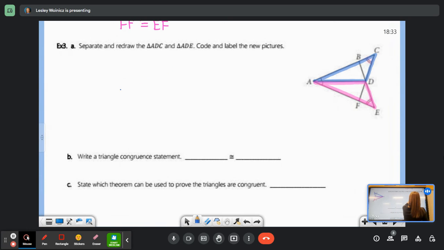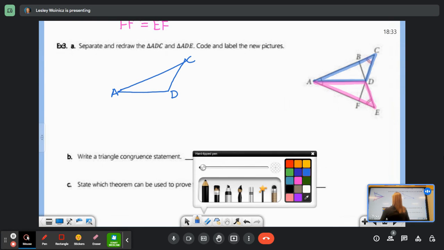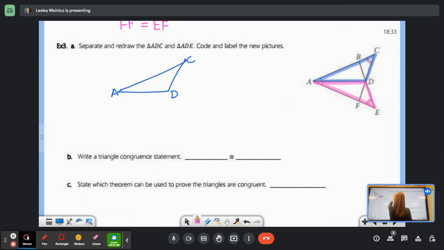I can do better. This is really hard to do from far away from the board. Or, I mean, I'm too close to the board is what I'm trying to say. Okay, excuses. Okay, that's one of them. Here's the other one. Oh, good grief. Okay, I think I did better on that one. Practice makes perfect. ADE.